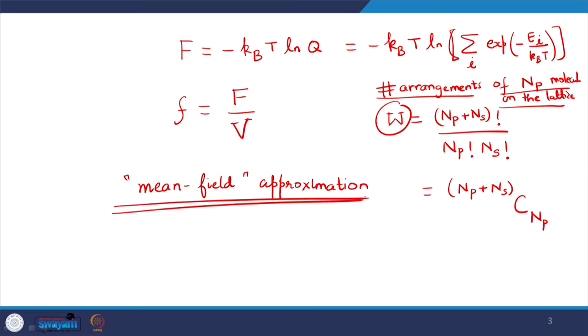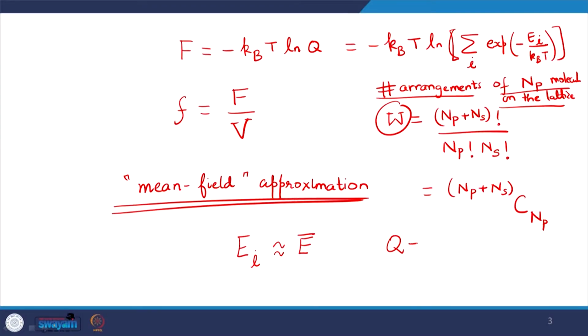And the assumption says that I will assume that all these energies in different configurations can be approximated by its average value. And since then I can find the average value, I can basically simplify my partition function.